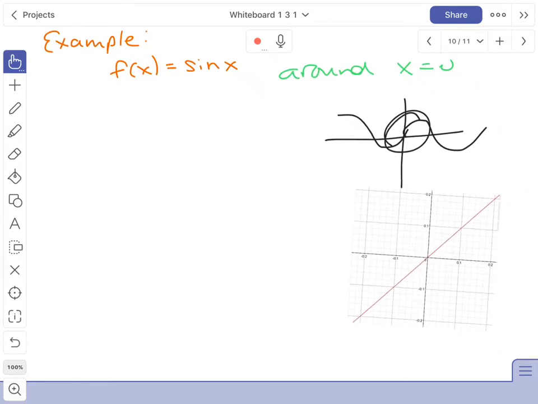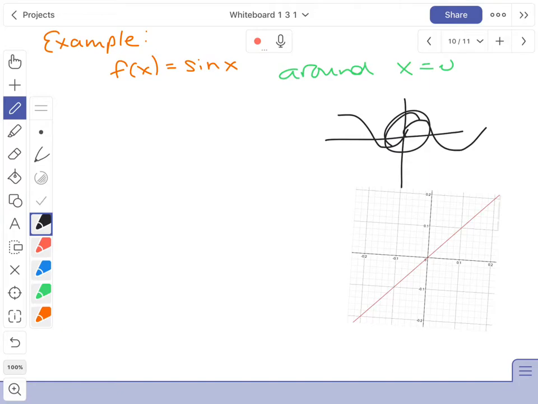So what we're going to say then is around x equals 0. Now, what's good about x equals 0 is I know the sine of 0 is 0. So my reference point a is going to be 0.